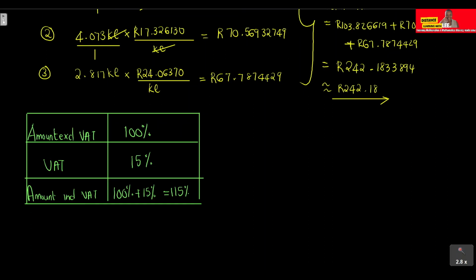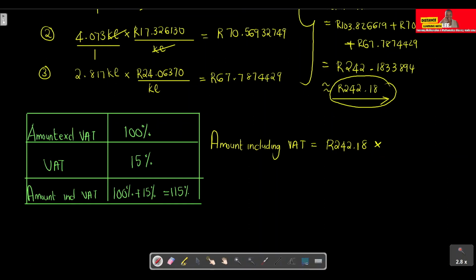So to get the amount including VAT, what do we do? We're going to take this amount that we've calculated, 242.18, and then we're going to multiply by what we want. What do we want, guys?